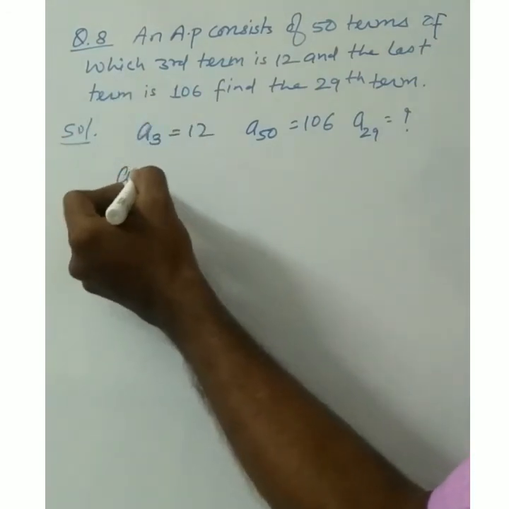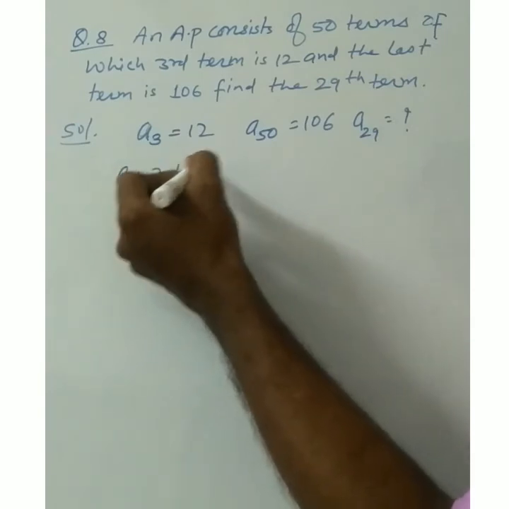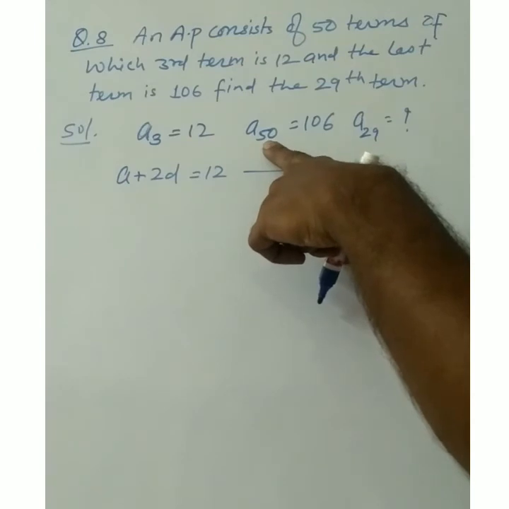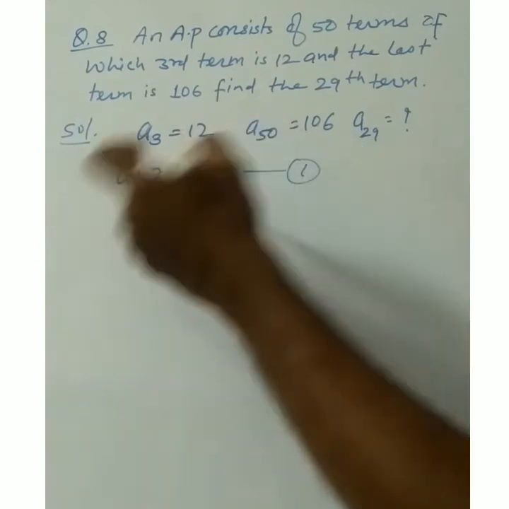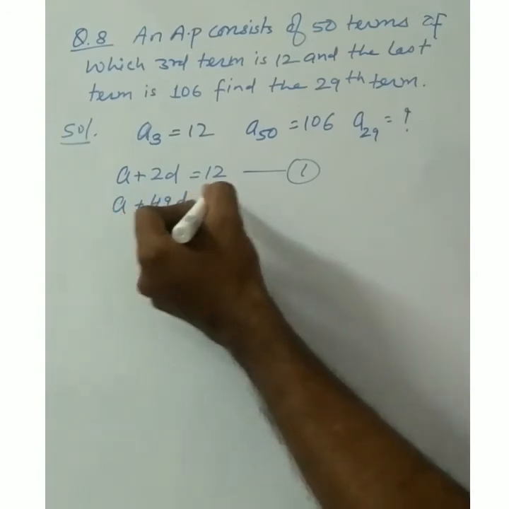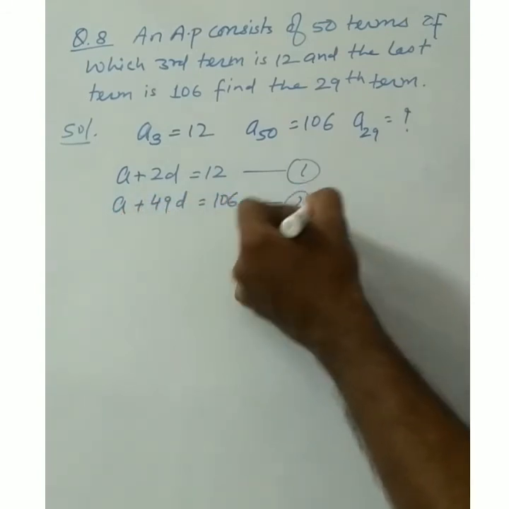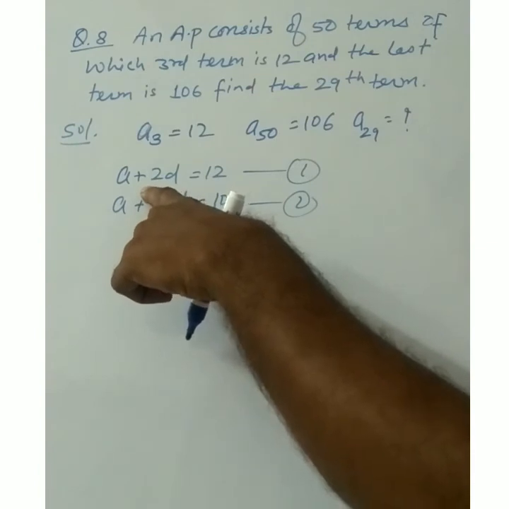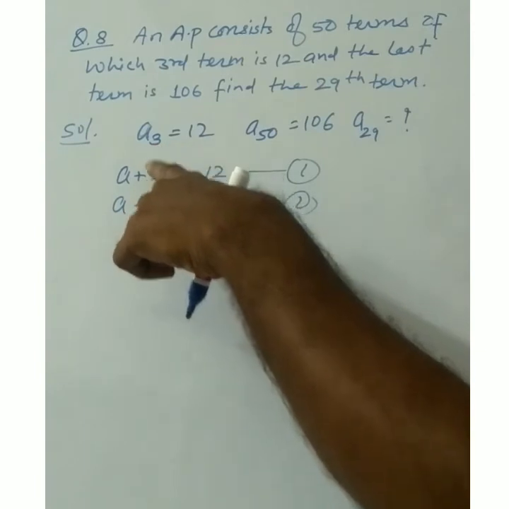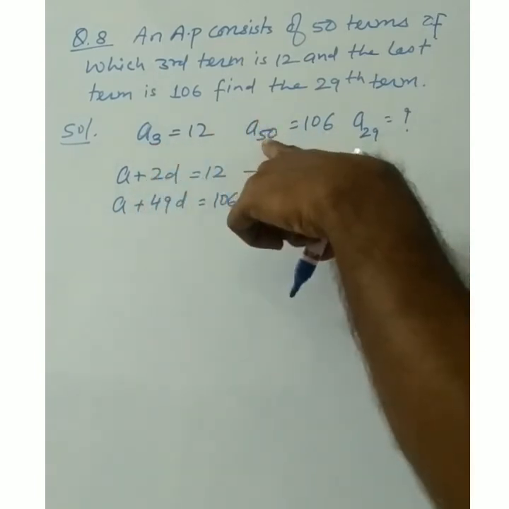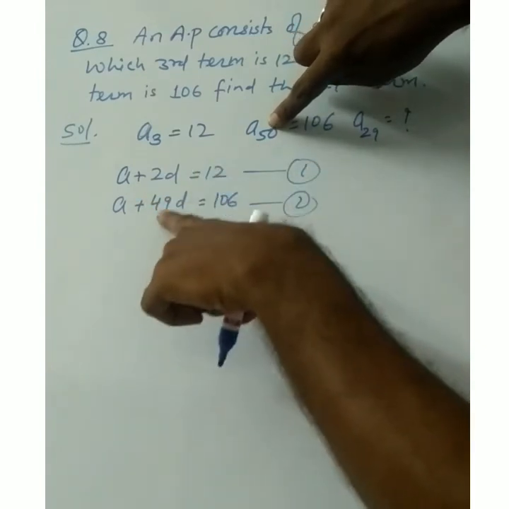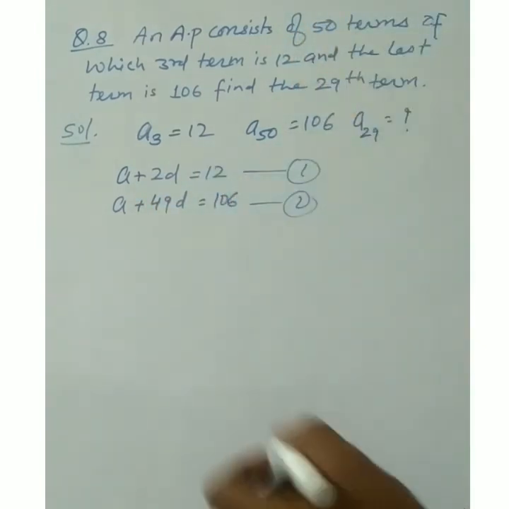A3 will be A plus 2D, which is 12, first equation. Here it is given 50th term, A50. A50 will be A plus 49D, is 106. It is according to the formula of AN. A plus N minus 1, so 3 minus 1 will be 2 and D. Here N minus 1 means 50 minus 1 will be 49 and D.